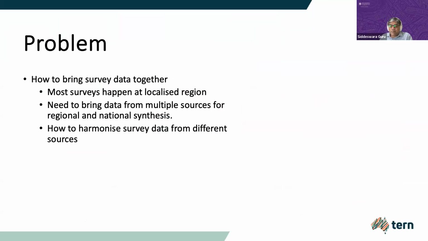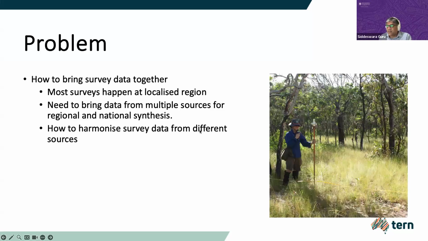As I said, most of the surveys basically happen at the localized level, and the main problem is to bring these data sets together for regional and then national synthesis. So that is the major challenge for us. Again, the challenge is how to harmonize this data from multiple data sources.